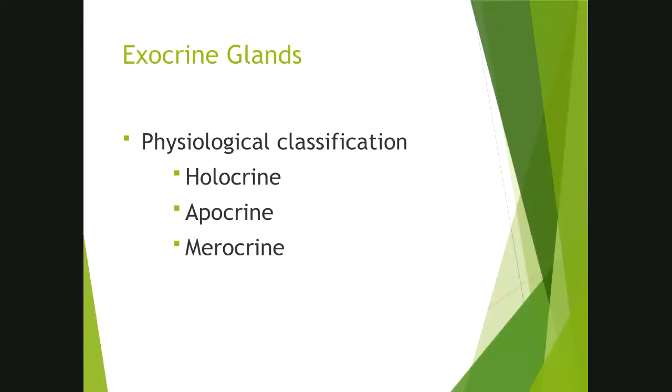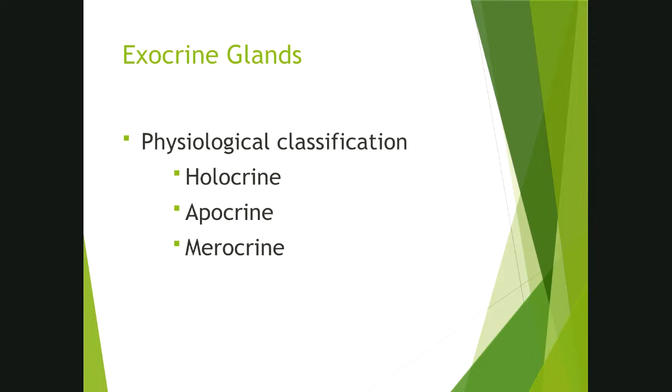Okay, that's one way to classify exocrine glands, and that's an anatomical way. So tubuloalveolar and tubuloacinar are the same. Acinar and alveolar are the same. Those are just two words for the same thing.